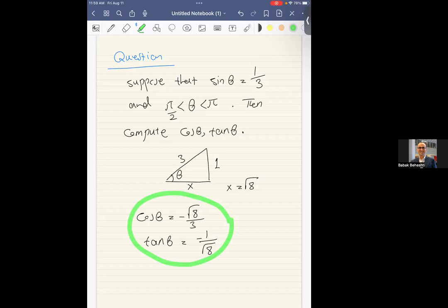I told you at the beginning that theta is between pi half and pi. Between pi half and pi, sine is positive, right? But cosine is negative.